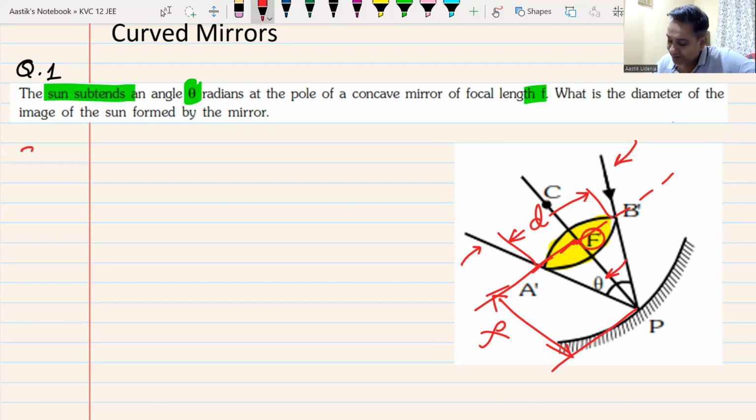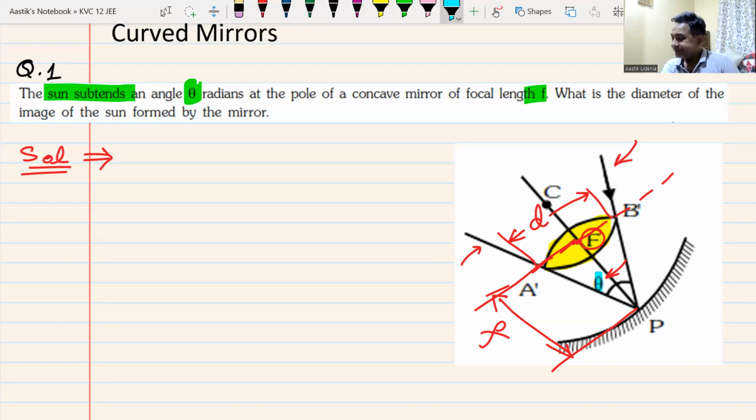And the answer is, my dear friends, remember, this theta is going to be small. Yes, beta.